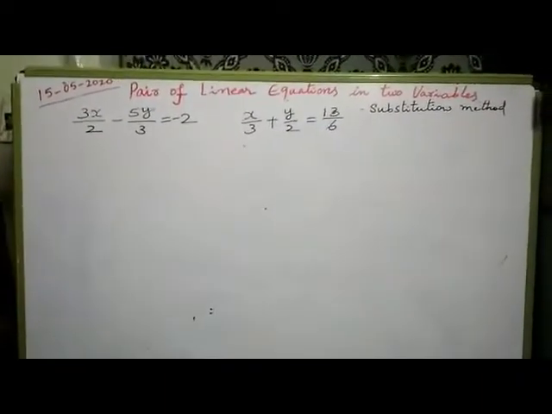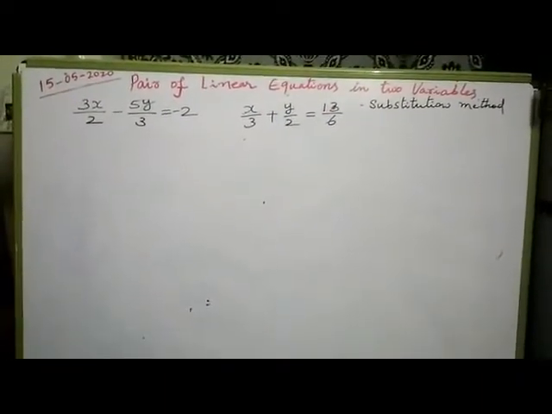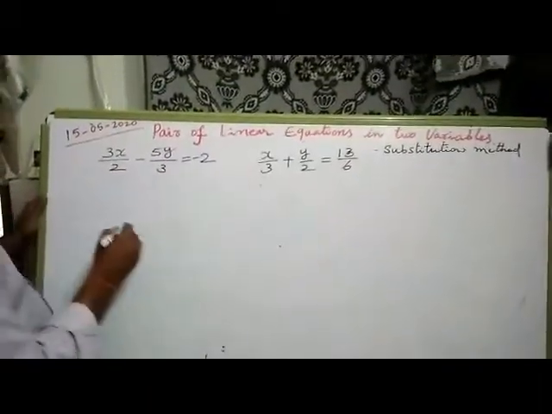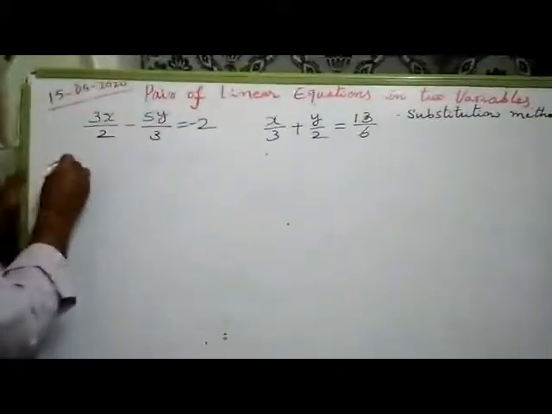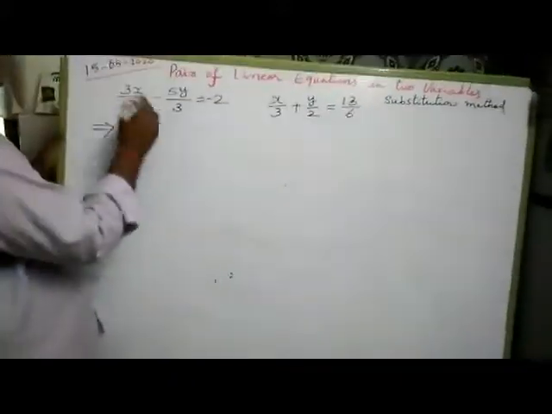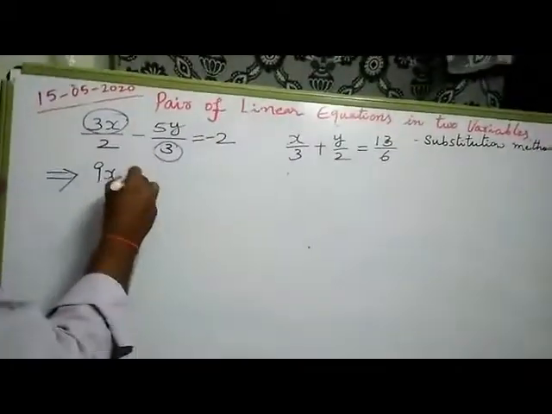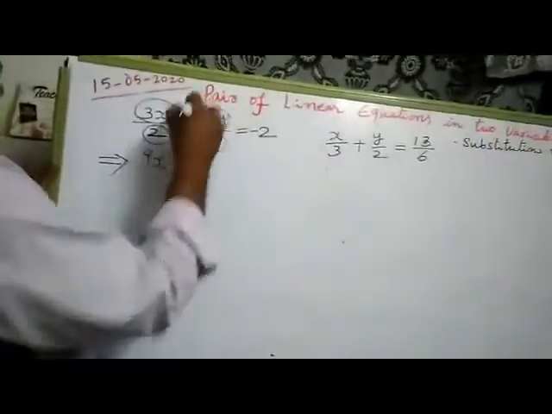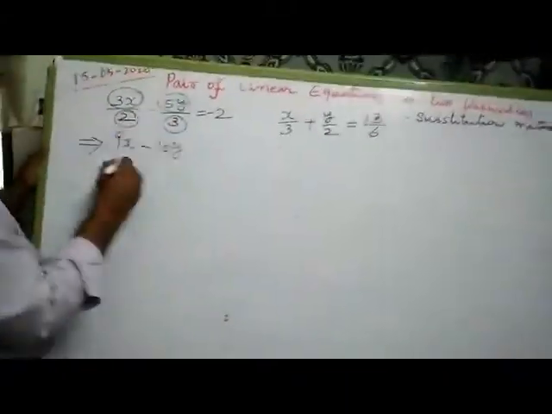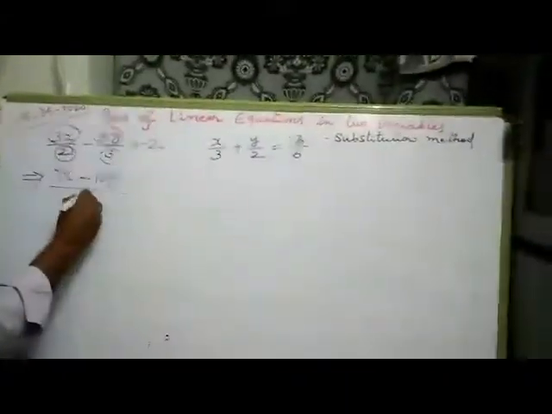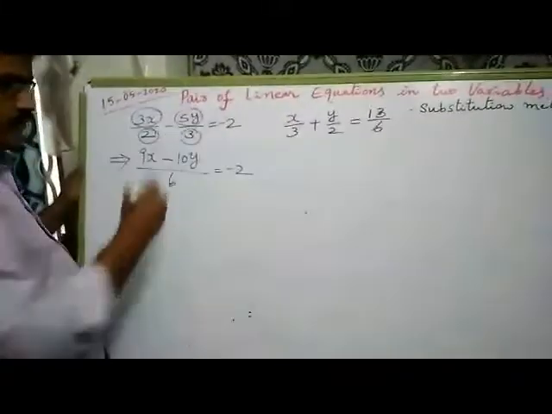So we are going to solve the x and y values from equation 1 and equation 2. First of all, I have to write them in another form, using the cross multiplication method. What is the first equation? 3 into 3x, that is 9x, minus 2 into 5y, that is nothing but 10y. 3 3s are 9, 5 2s are 10, by 2 3s are 6, into minus 2.